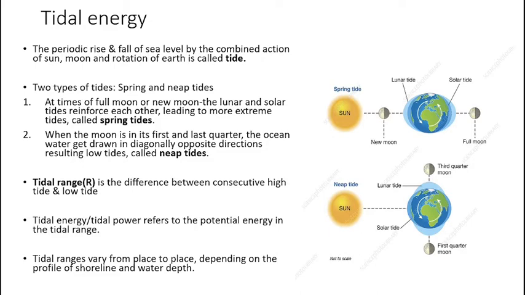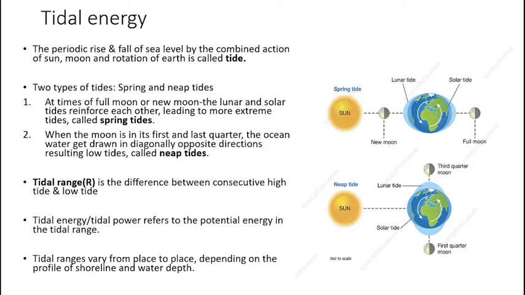And next we have to define a very important factor, that is tidal range, represented by the letter R, which is defined as the difference between consecutive high tide and low tide. So the height difference between high tide and low tide is the tidal range, and it is measured in meters.